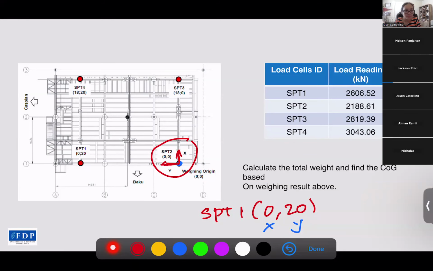So when we have SPT3 at 18.0, then the X is 18 and the Y is 0. If we look at the origin point with X going upward here, then this will be 18, correct? The X is 18.